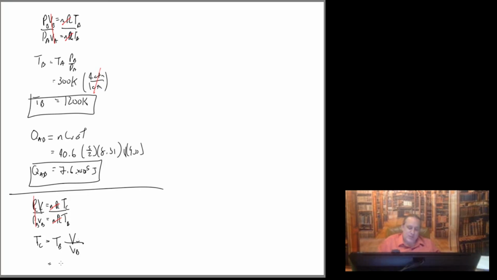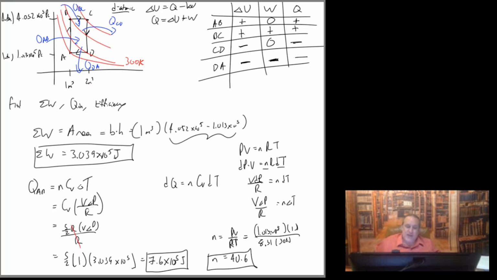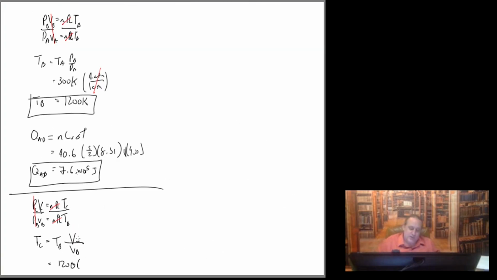So that's equal to 1200 Kelvin times my VC is 2 and my VB is 1. So that's 2 over 1. That gives me 2400 Kelvin.